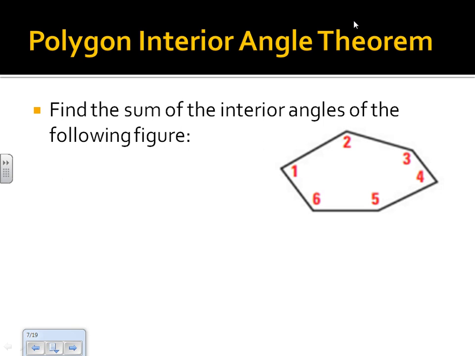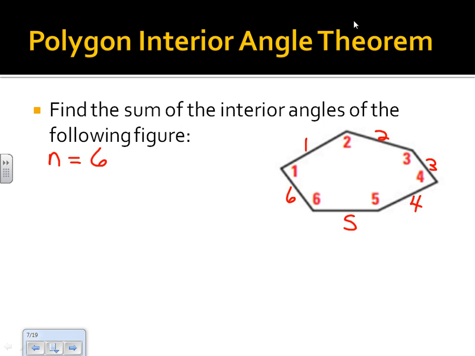Okay? Well, first thing we need to do is we need to find what n equals. What is n again? The number of sides. So let's count. 1 side, 2 sides, 3 sides, 4 sides, 5, 6 sides. So n equals 6.